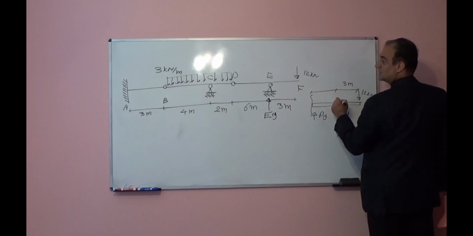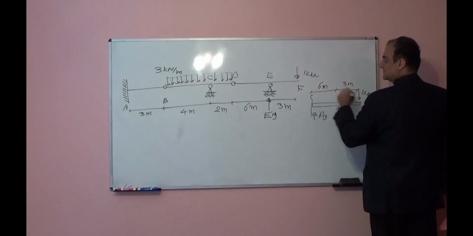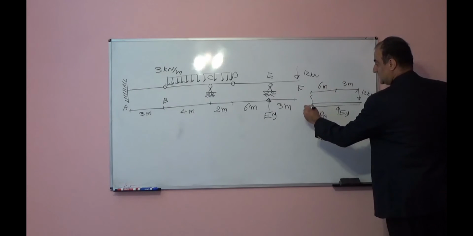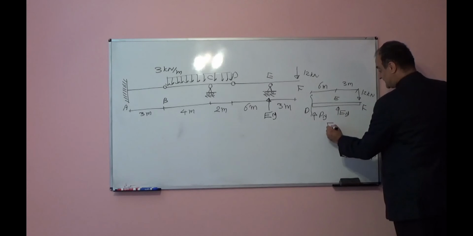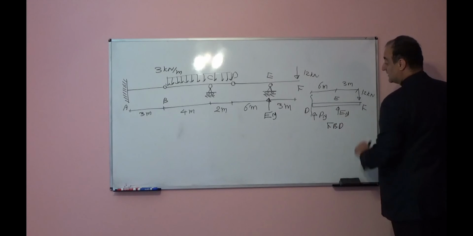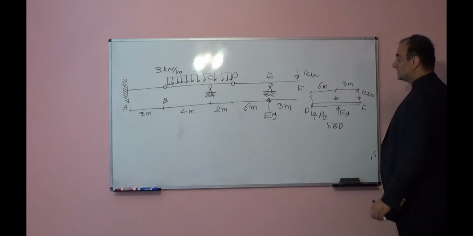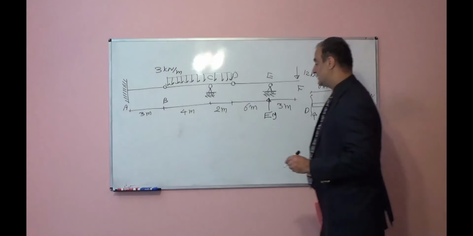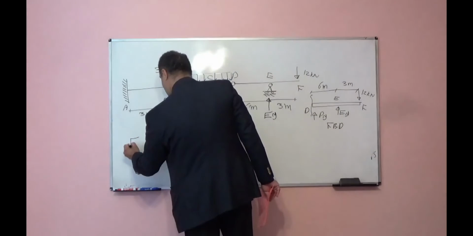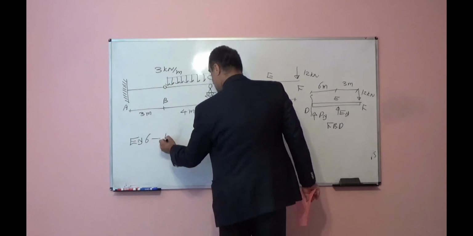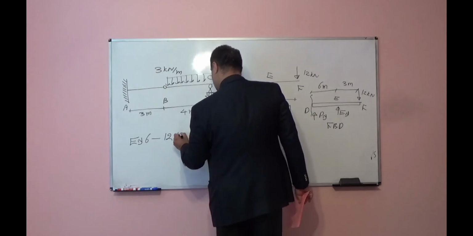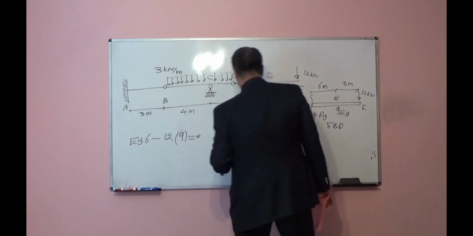From here to here it is 6 meters. Point D, point E, point F. If I take moment respect to point D, I have EY times 6 minus 12 times 9 is equal to 0.